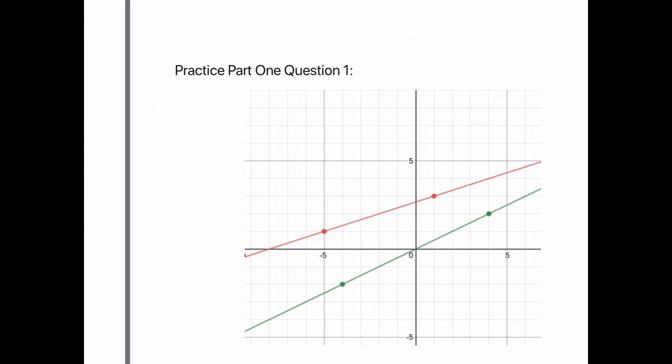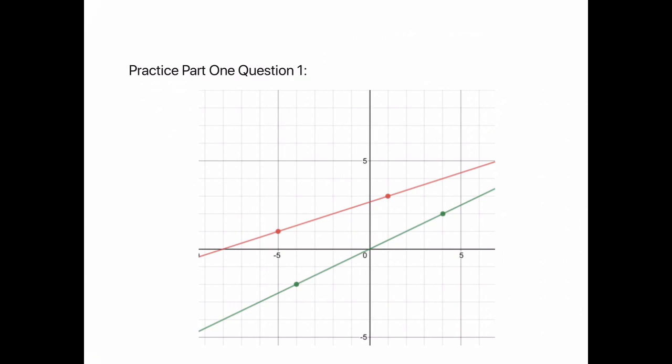All right, from our practice part 1, you guys, this is question number 1, and it wants to know whether or not these lines are parallel. In order to figure that out, we have to determine the slope of each of these lines. So to determine the slope of the red line, we go up the rise, up 2 spots, and we go over 6 spots, which can be reduced to 1/3 in the red.